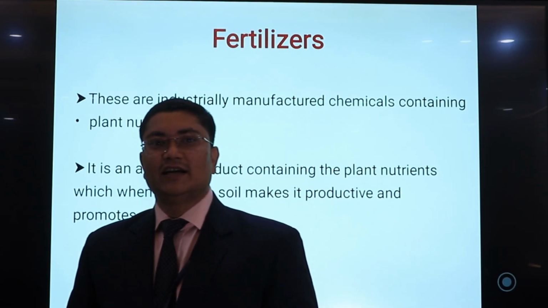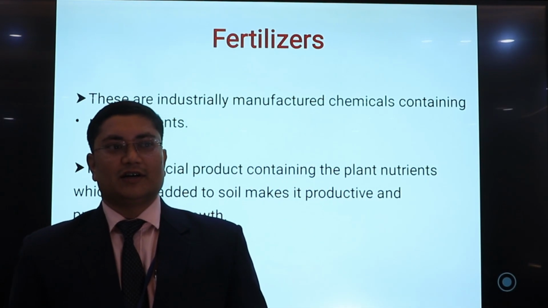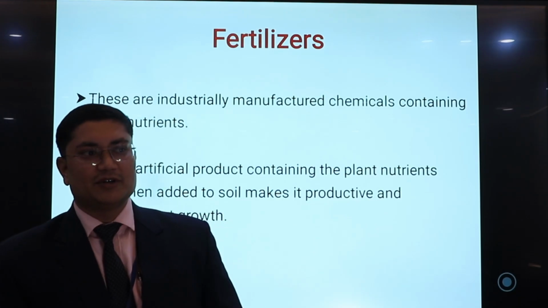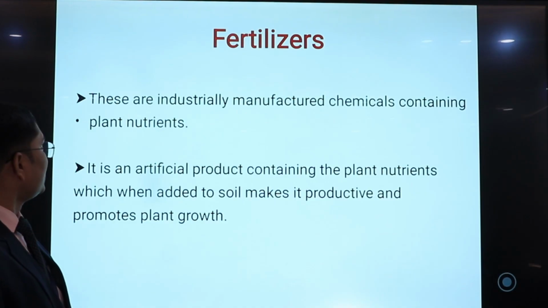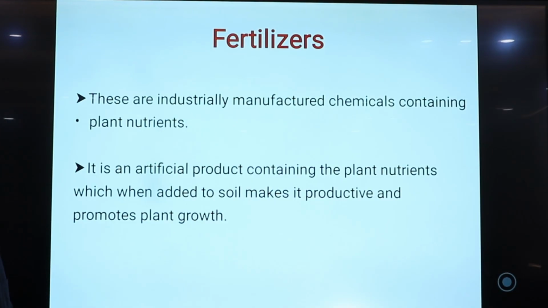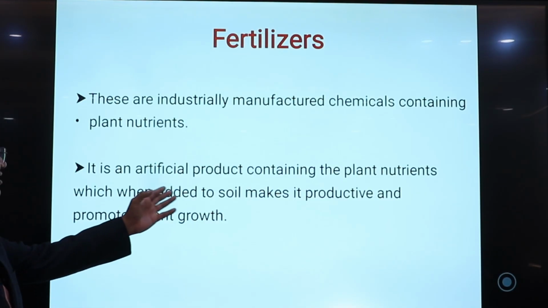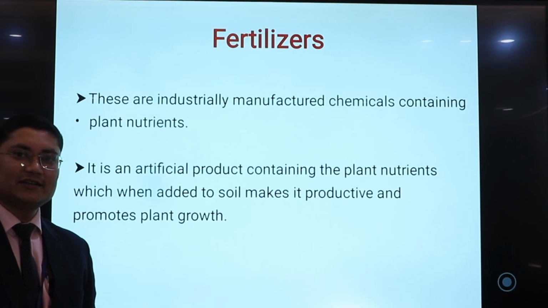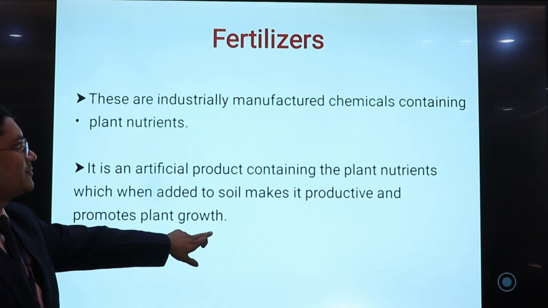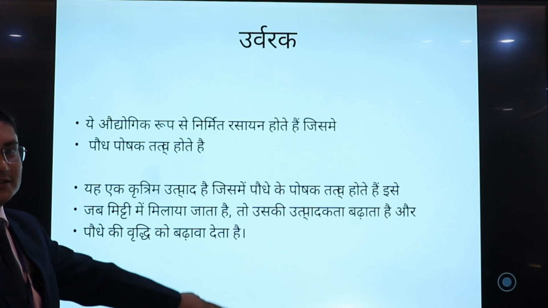So we create essential elements synthesized by chemicals in an artificial manner; that is fertilizers. The definition written here, you can read: it is an artificial product containing plant nutrients which, when added to soil, makes it productive and promotes plant growth. So these are the fertilizers.